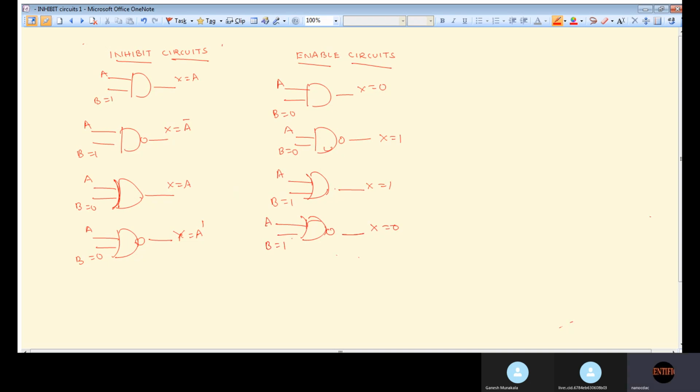Okay, so just to look at these circuits, these are called inhibit circuits, these are enable circuits.